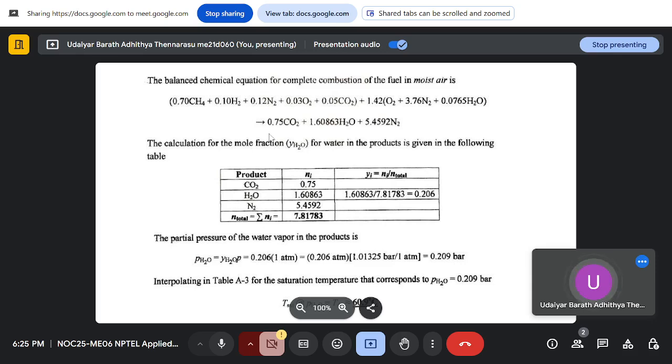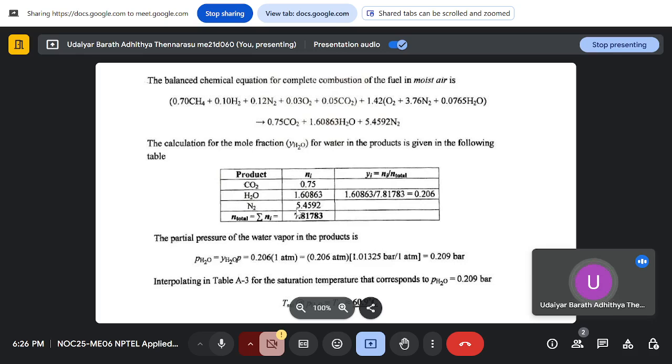So CO2, H2O and N2 are the products, so we need to find the mole fractions on the product side to find the partial pressure, because partial pressure can be found using the total pressure and the mole fraction using Dalton's partial pressure law. So CO2 we have 0.75 moles, water 1.6086 and nitrogen 5.45.